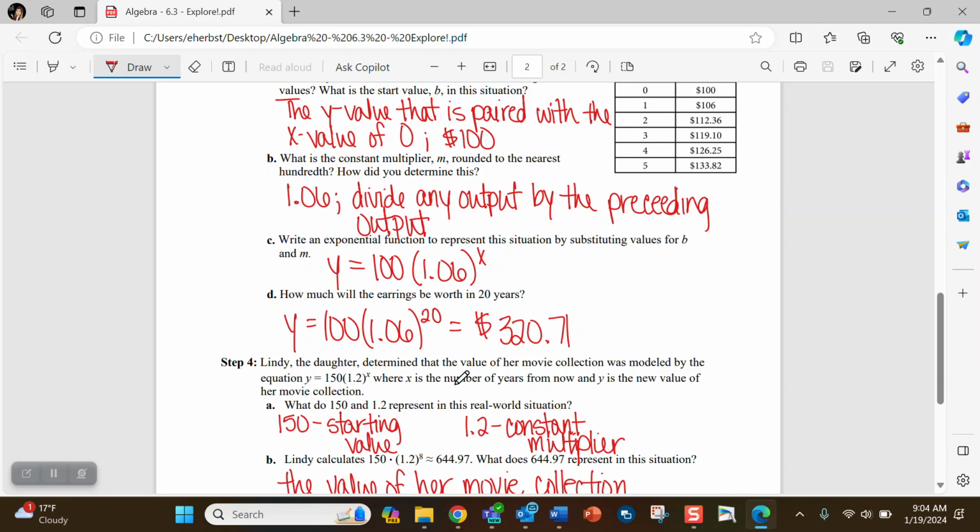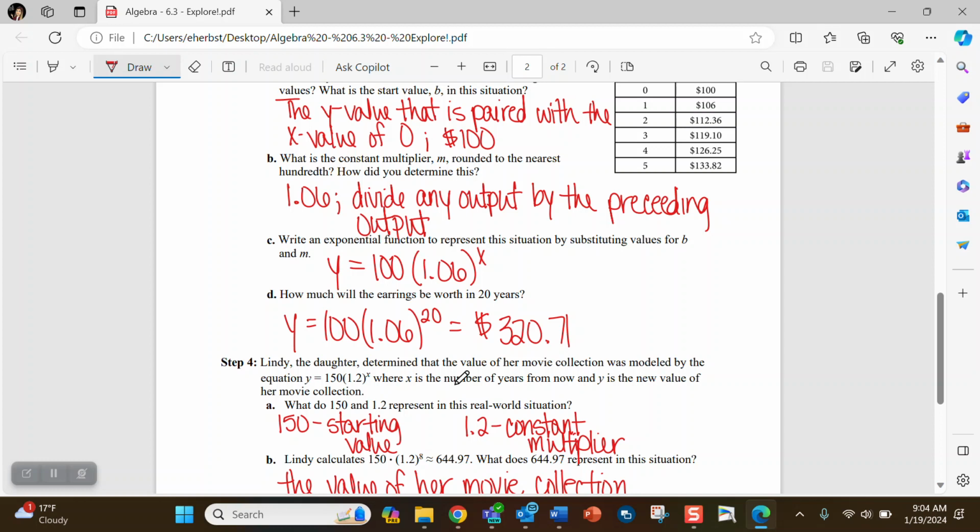So in order to get that 1.06 to the 20th without having to type 1.06 times 1.06 20 times, you can type 1.06, then hit that X to the Y button, and then type in 20. So you're telling it, take the number 1.06 and raise it to the 20th power.